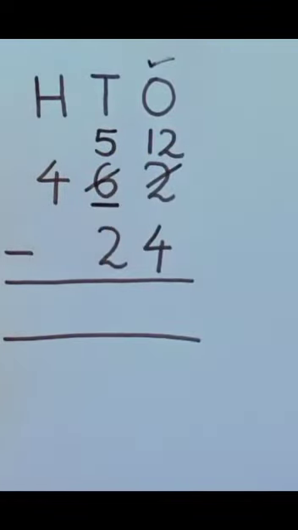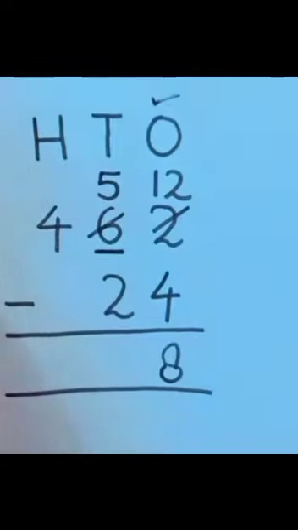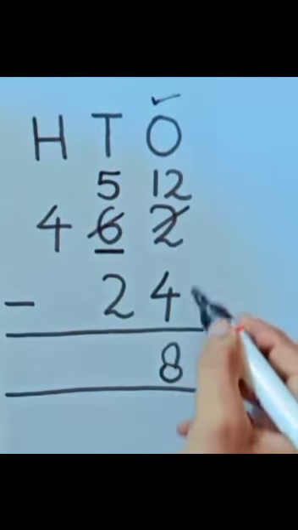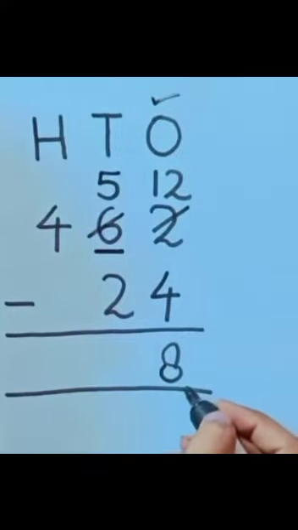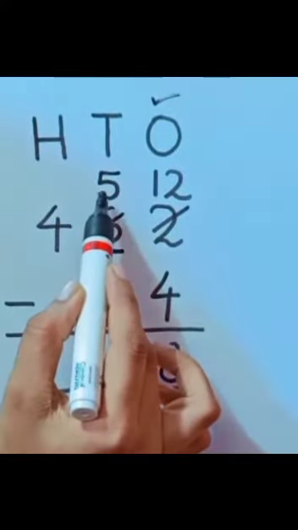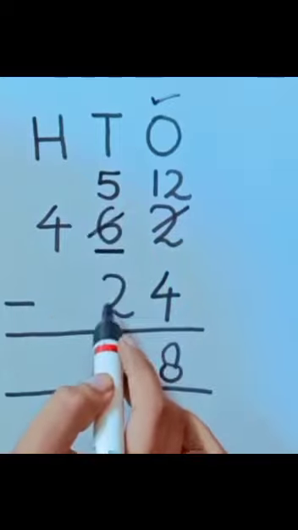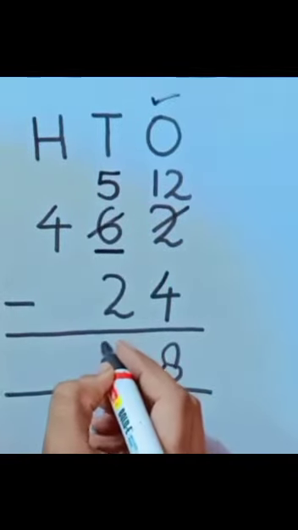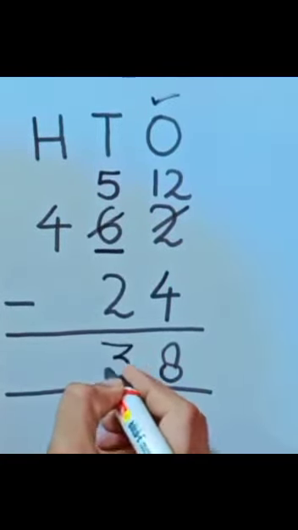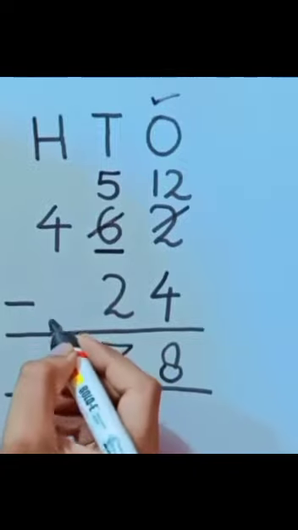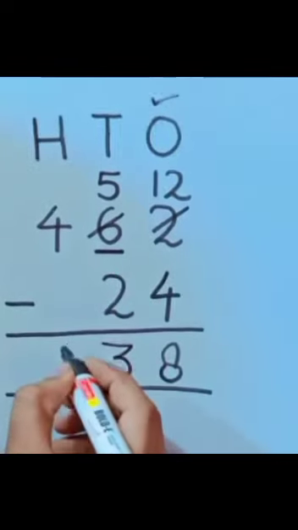Now we can subtract 4 from 12. Yes. So 12 minus 4 will give you 8. Now 5 minus 2 will give you 3 and no number is written here, so we will write 4.